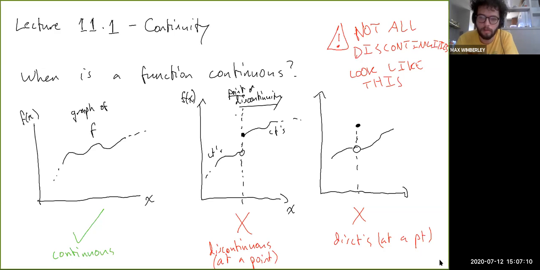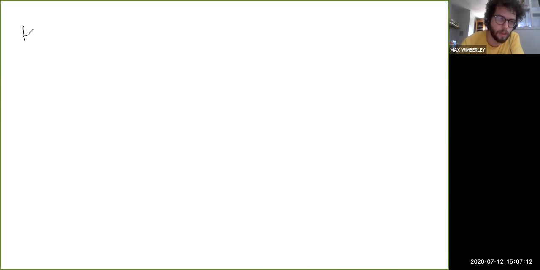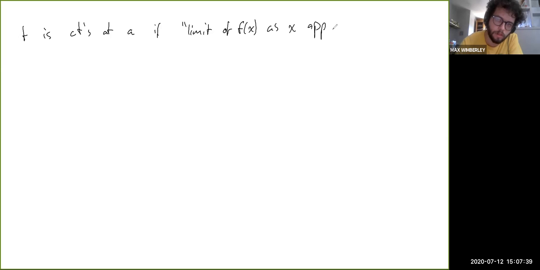So let's write this idea down. f is continuous at a if the limit of f of x as x approaches a is f of a.